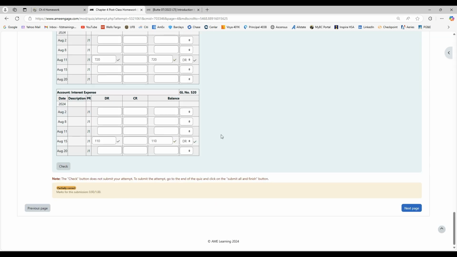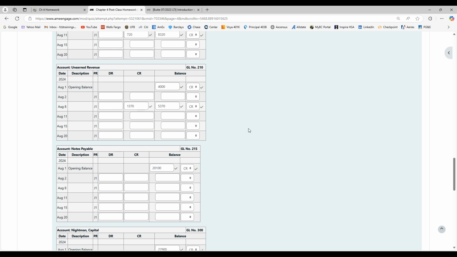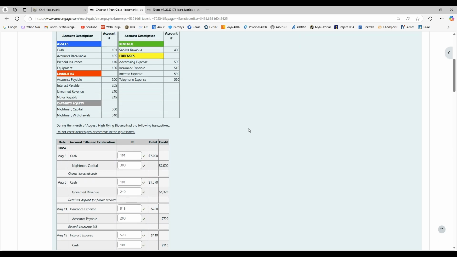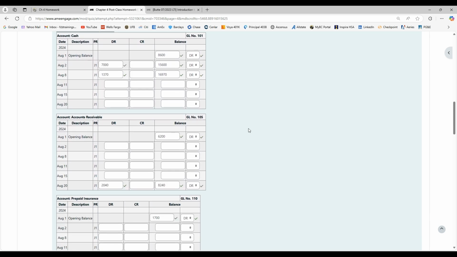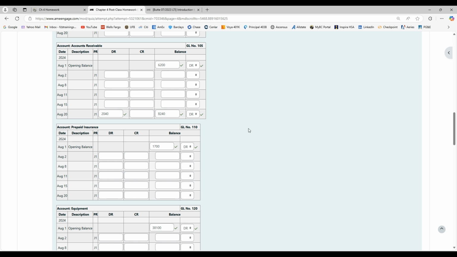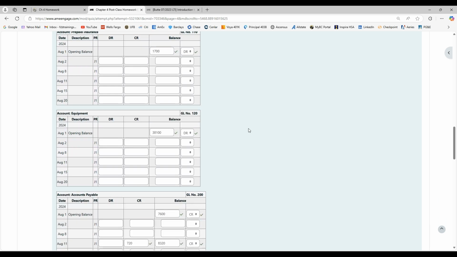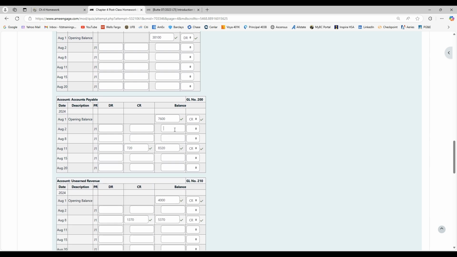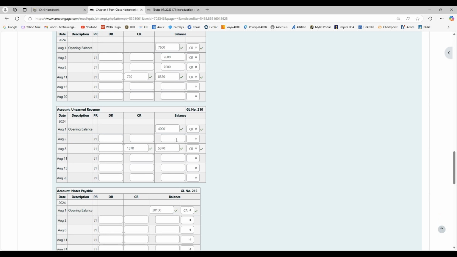Like I said, I'm not 100% certain if I need to maybe carry down some of the amounts. Yeah, I'm missing some. I'm just going through now to make sure. Let's try this. Because technically these aren't transactions that occurred.